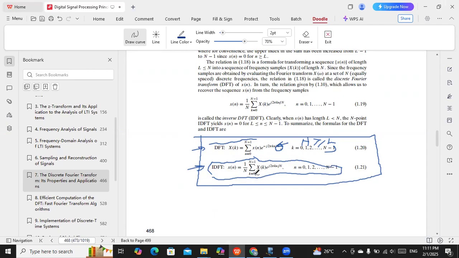K from 0 to 7, with 1 by 8 in front. Y0 you have, Y1 you have, Y2 you have, Y3 you have, and so on. You can find the yn values also. There should be 8 yn values. So try to do this one.